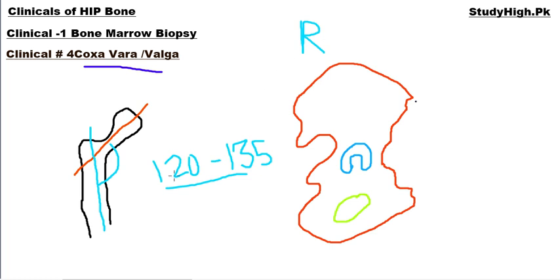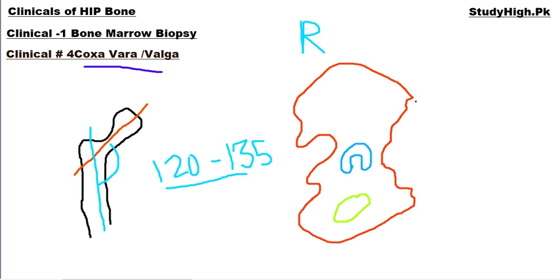So first of all, the normal angle between the neck and head and the shaft is 120 to 135 degrees. Second, different diseases or age can increase or decrease this angle.